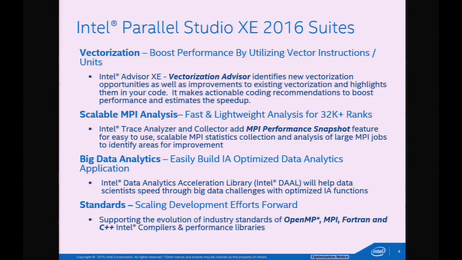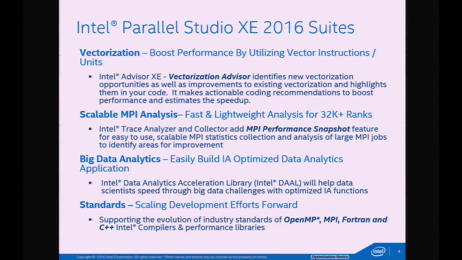We take some information from the compiler reports. We take some information from doing memory mappings in order to figure out what the unit strides are when you're doing the memory accesses. All of that is bundled into this nice interface. It'll tell you if something is vectorized or not. If it's not vectorized, it'll tell you why.